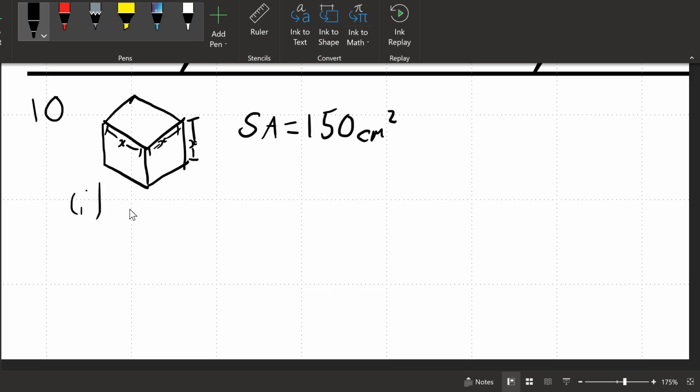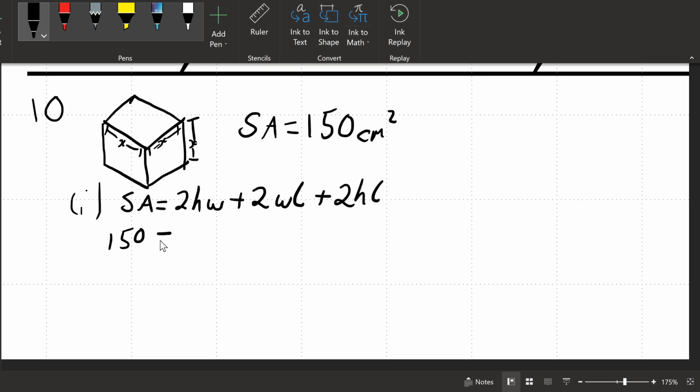Surface area, as we already know, is 2 times height by width, plus 2 times width by length, plus 2 times height by length. So 150, which is the surface area, equals 2 times x by x, plus 2 times x by x, plus 2 times x by x.